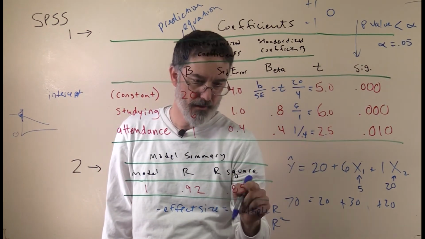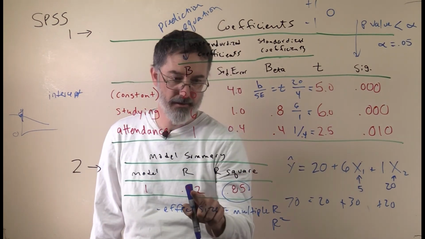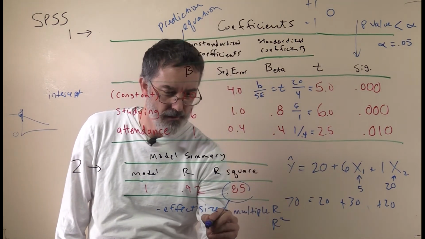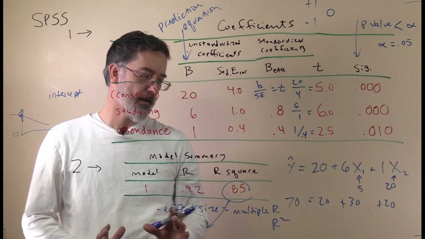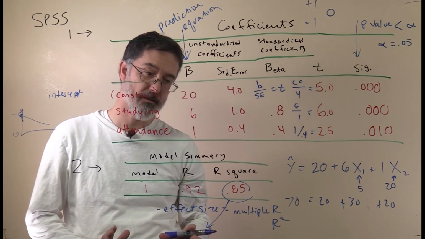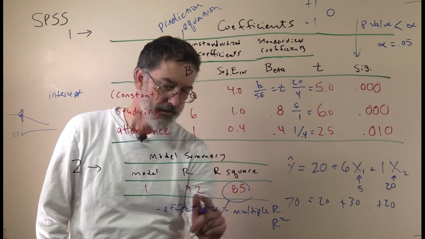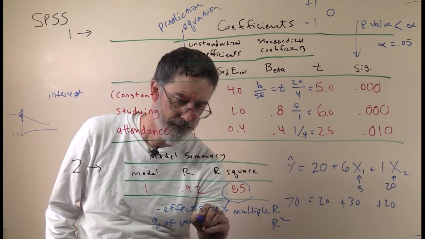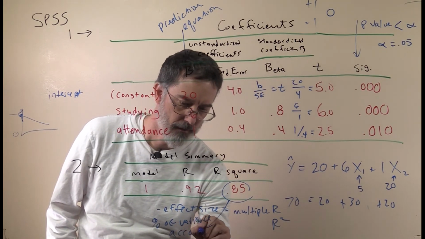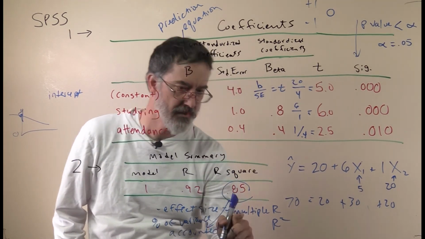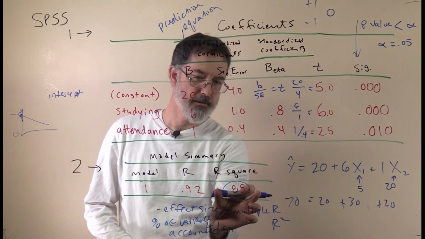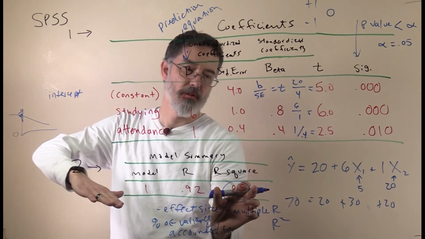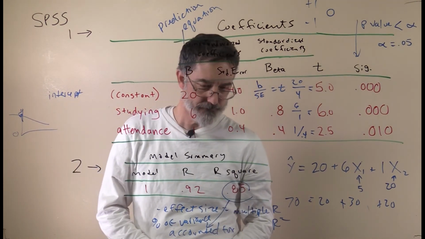And R squared over here is 0.92 squared, 0.92 times itself. And this R squared is basically the same thing as eta squared was for an ANOVA. This is the percent of variance accounted for. So it's got a maximum value of 1, in which case the predicted value exactly matches the actual observed value for exam score.